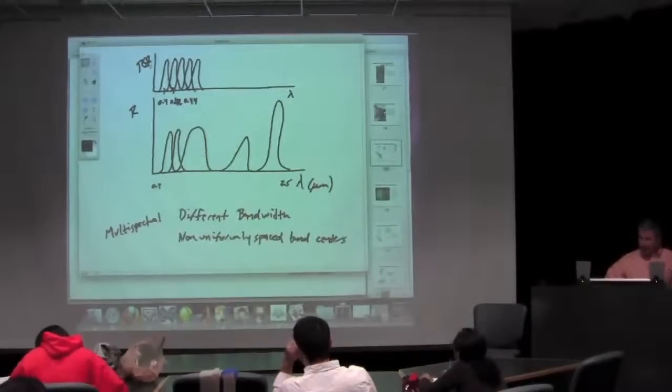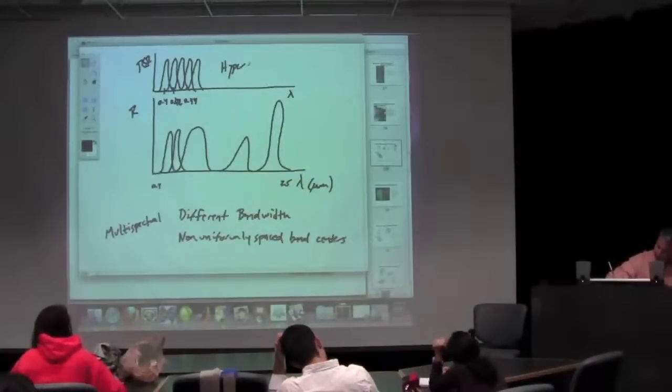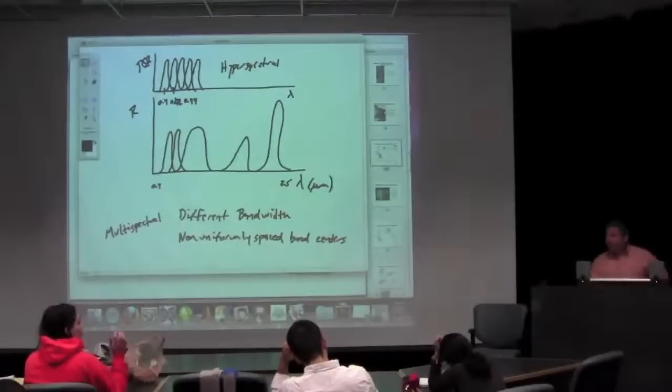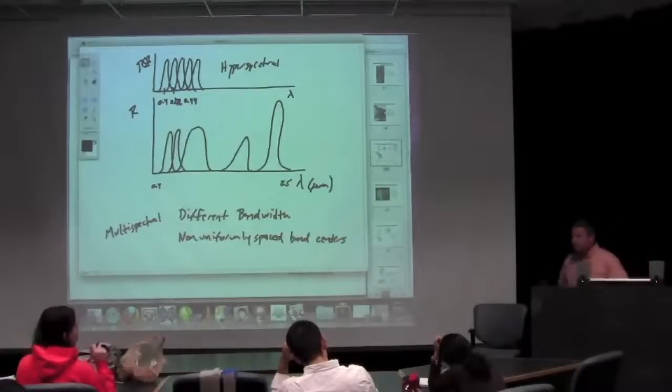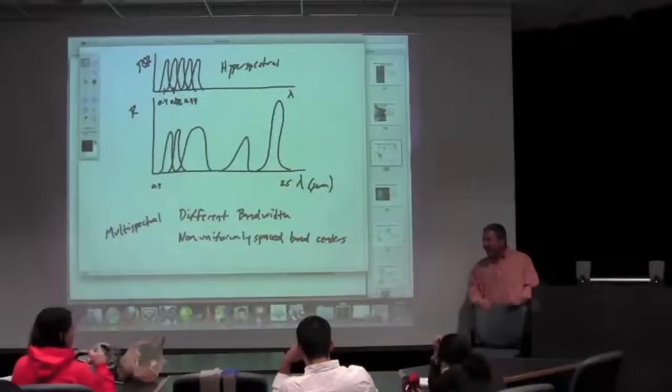So that's really the difference that I'd like to put forward to you. If you have an equally spaced and equal width set of bands, then we're going to refer to that as hyperspectral. Do you think that's a more important definition than the number of bands it has? No, I mean, I don't like any of the definitions.